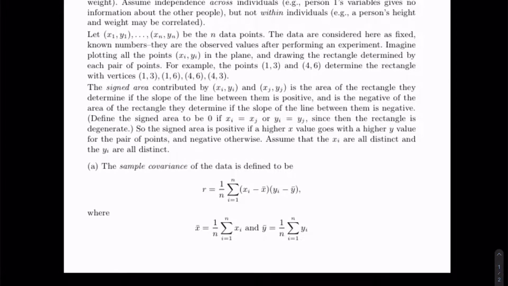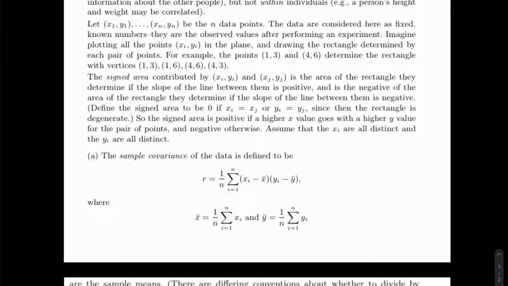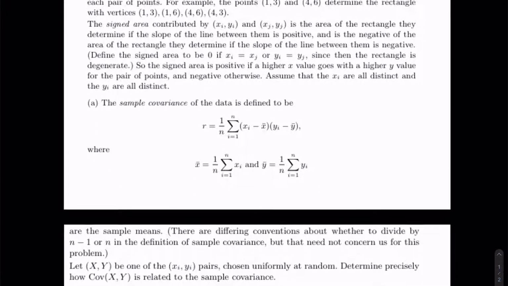So we have different types of covariances here, up and down, basically positive, negative. We're going to define the signed area to be 0 if xi and xj, or yi and yj, are degenerate. So when that area is 0, there's basically no rectangle given. So there's independence. Okay.